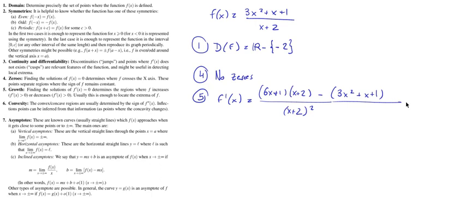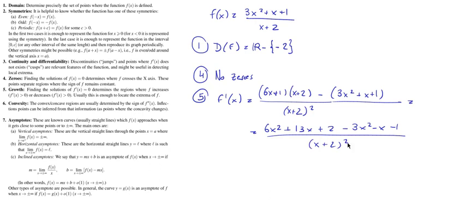If we expand this, we have 6x squared plus 13x plus 2 minus 3x squared minus x minus 1, divided by x plus 2 squared, or in other words, 3x squared plus 12x plus 1 divided by x plus 2 squared.